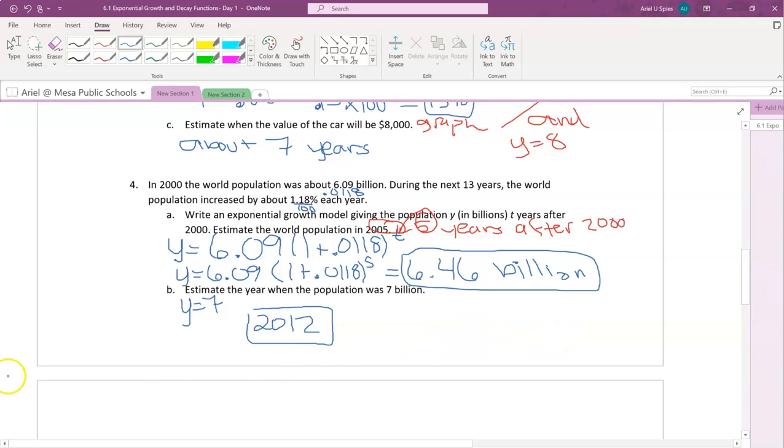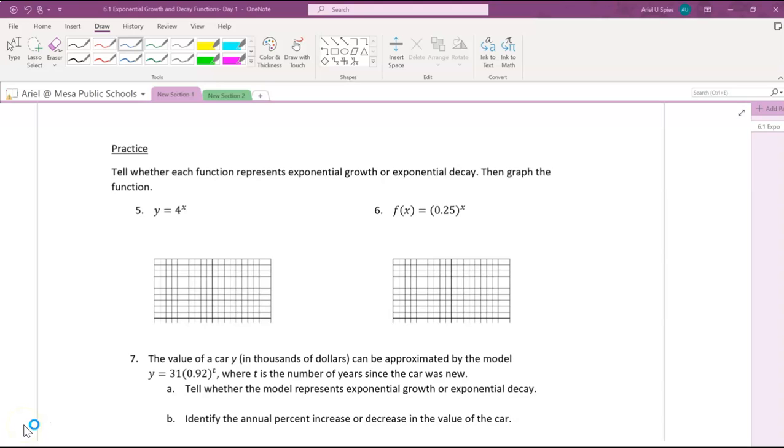Question 2. Okay, so number 5, is this growth or decay? Growth. And then when you graph it, it looks kind of like this. Number 6, growth or decay?